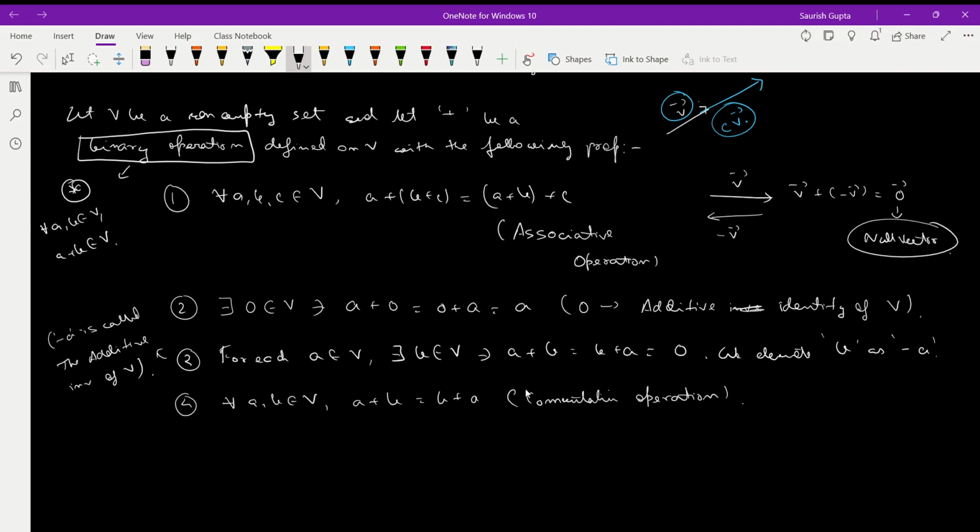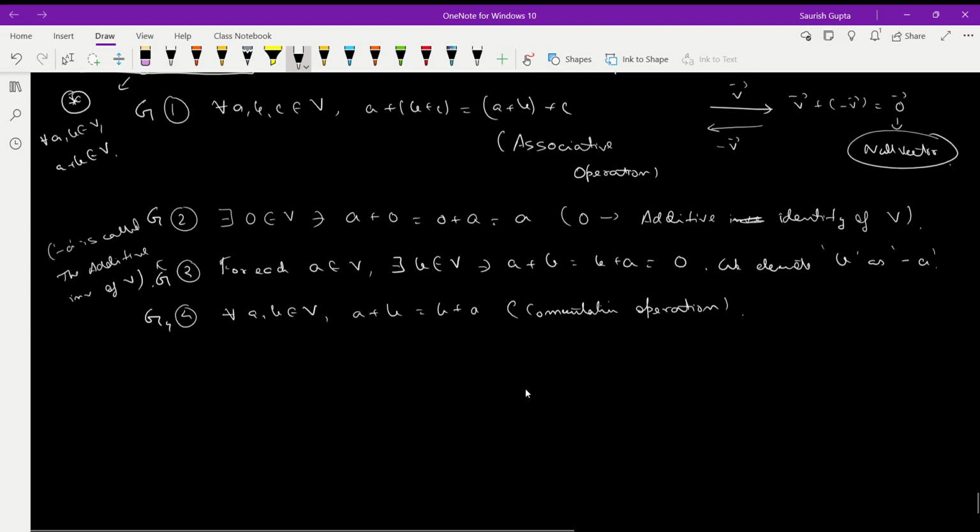Suppose I name these properties G1, G2, this as G3 and this as G4.